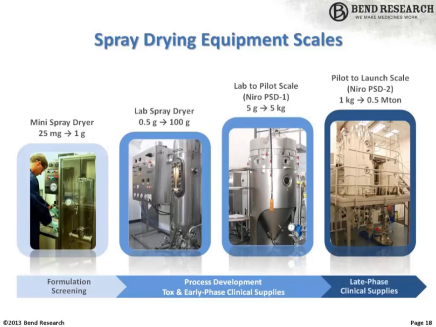That is that in the early formulation screening or discovery arena, we can formulate spray-dried dispersions and operate really in the discovery constraint where we have tens of milligrams of the active pharmaceutical ingredient available, but that is scalable through grams at our lab spray dryer scale to grams to kilograms at the PSD1 scale, and then finally at Bend Research we have a PSD2 which allows really multi-kilos, hundreds of kilos to be spray dried for late-stage clinical trials.